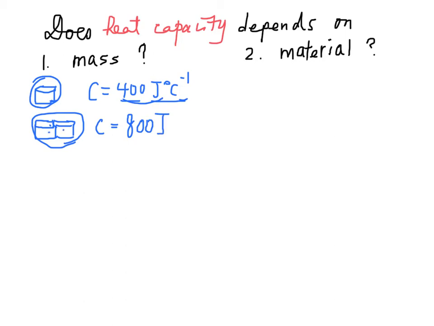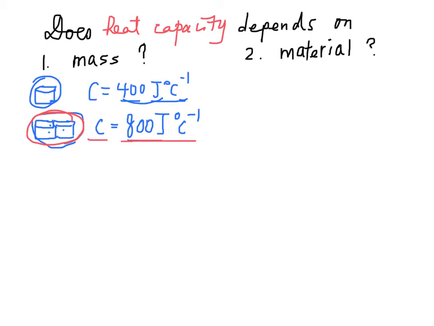Therefore, the heat capacity would be 800 joules per degree Celsius now. That means in order to increase the temperature by 1 degree Celsius, we need twice the amount of energy, 800 joules. Therefore, the heat capacity of these two blocks added together would be C equal to 800 joules per degree Celsius.